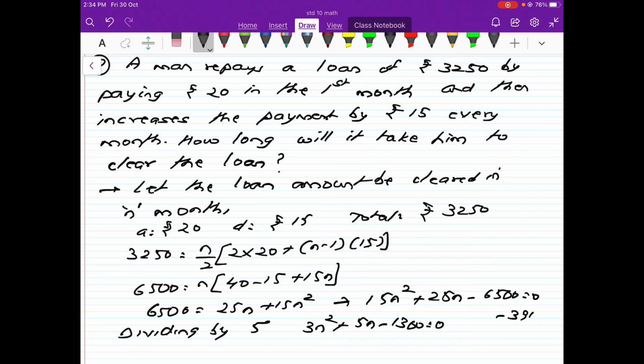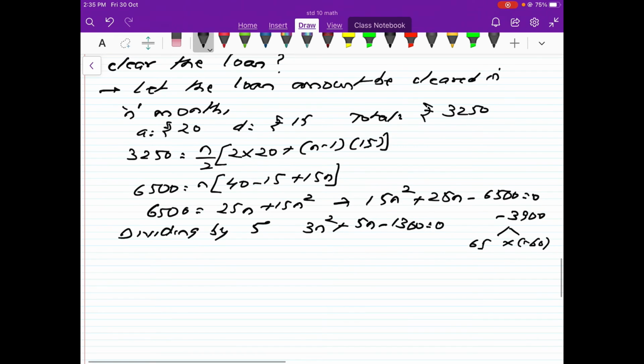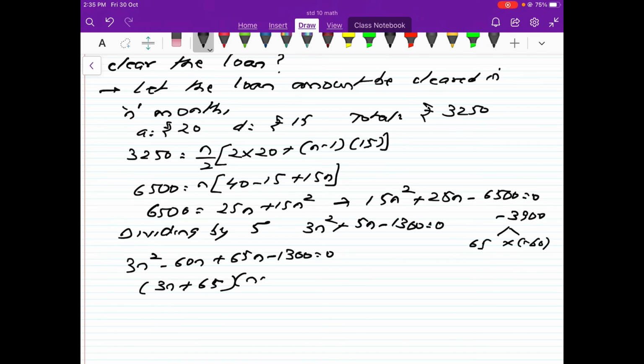So we have to find the factors of 3 into minus 1300, which is minus 3900. That is given by 65 into minus 60 by factorization method. So we will write this as 3n square minus 60n plus 65n minus 1300 is equal to 0. So we are getting (3n + 65) and (n - 20) as the factors of this quadratic equation.